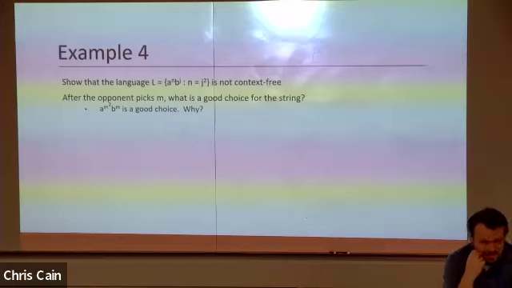The all a's case and all b's case is pretty trivial. m minus at least 1 squared cannot be equal to m squared. m squared cannot be equal to m squared minus at least 1.